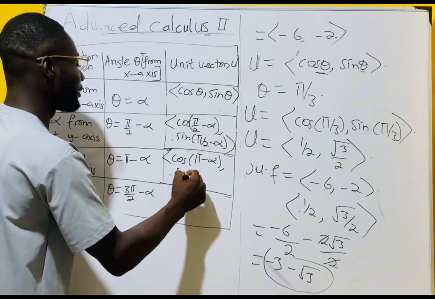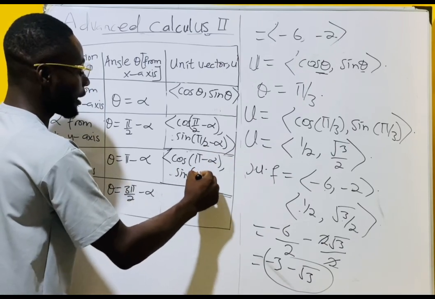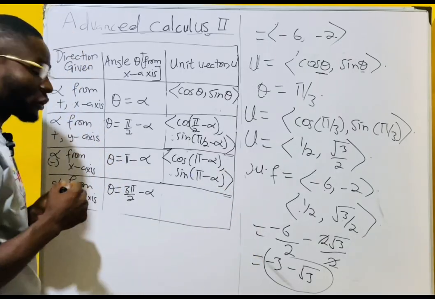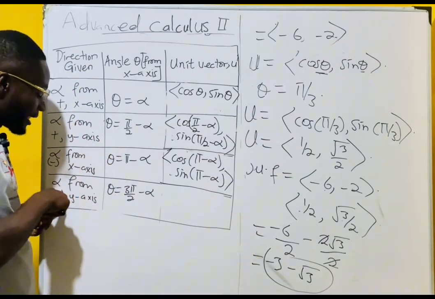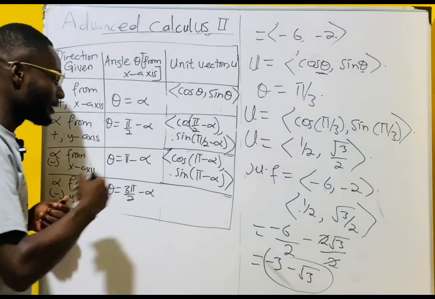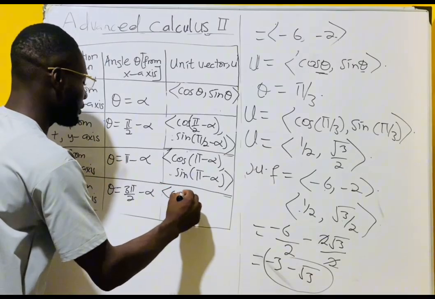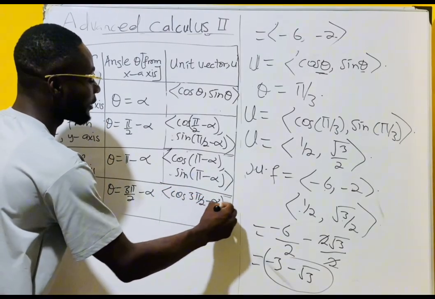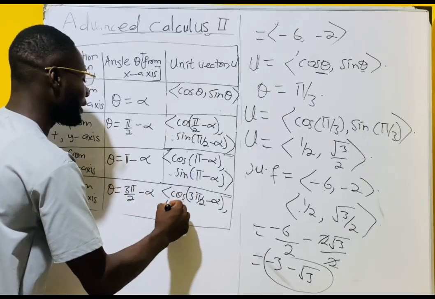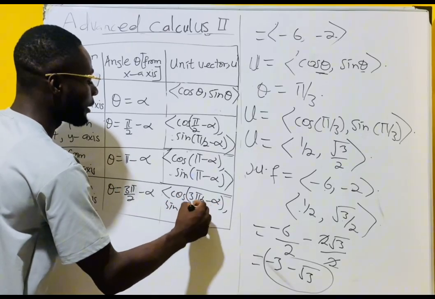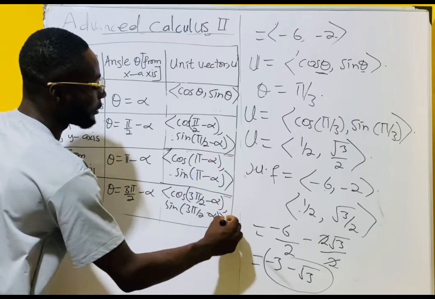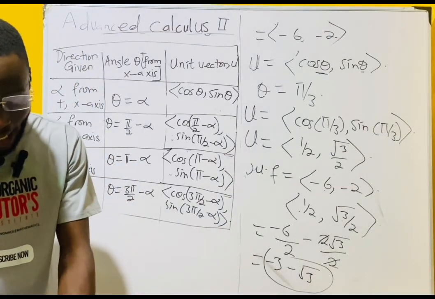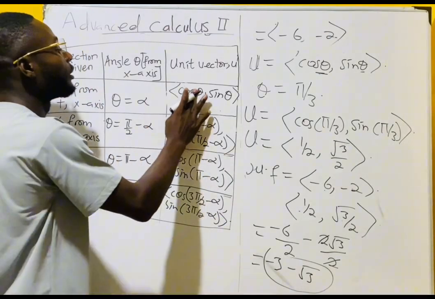And if it's from the negative y-axis, then it's going to be cos of (3 pi on 2 minus alpha), sine of (3 pi on 2 minus alpha). Okay, so that is how you do your conversion.